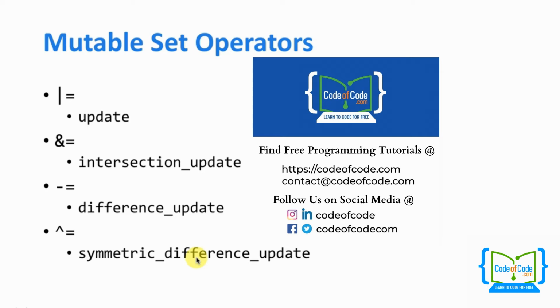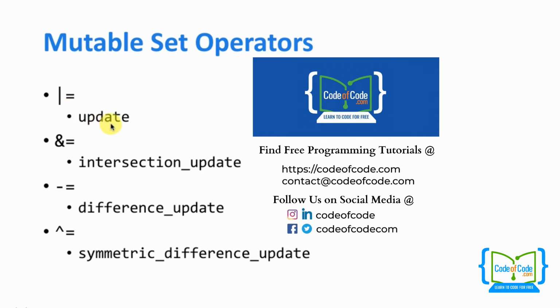Now, the key difference, once again, between the assignments and the methods is that the assignments have to have sets on both the left and the right sides of the operator. And in the case of the left side of the operator, it has to be something that I can modify. So it's typically going to be a variable that refers to an existing set object.